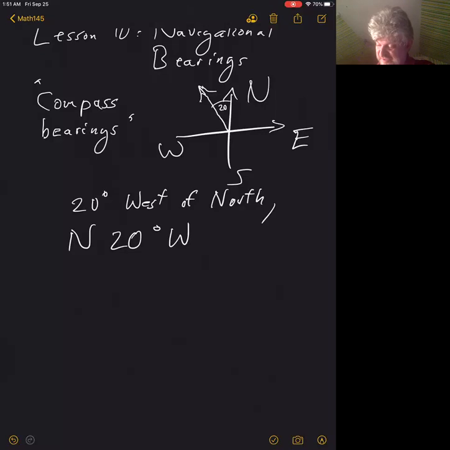How about 10 degrees east of south? That's going to go over there, with that tiny angle being 10 degrees.